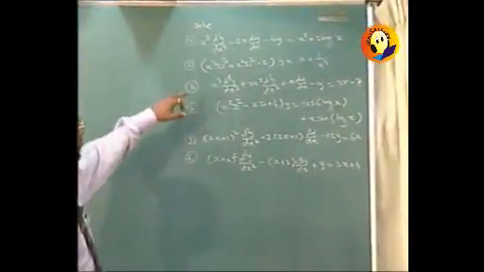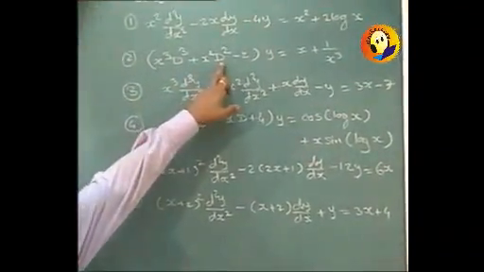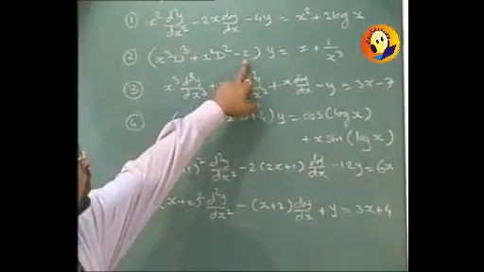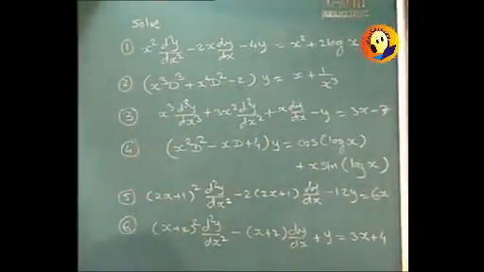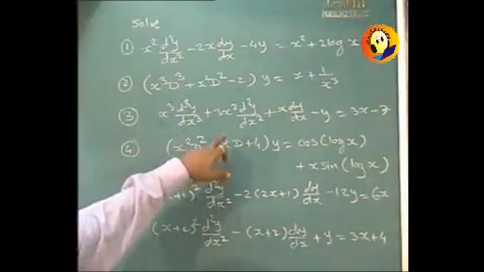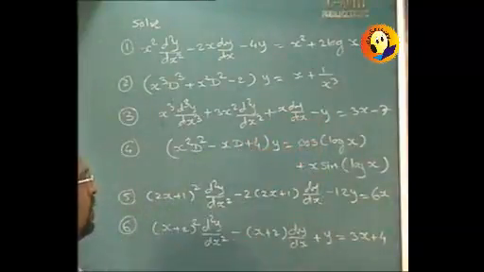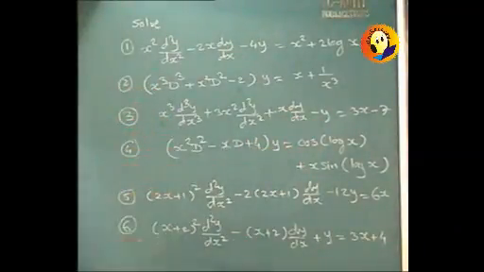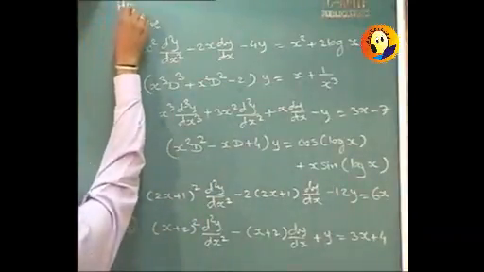Observe the second problem, where we have x cube D cube, x square D square, and x raised to 0 D raised to 0. This is a homogeneous differential equation. Even this can be written as x cube capital D cube plus 3x square capital D square plus x into capital D, and so on. So these are the examples of what are known as homogeneous differential equations.